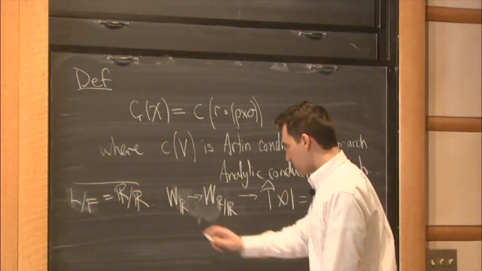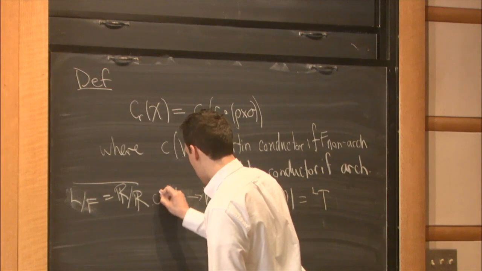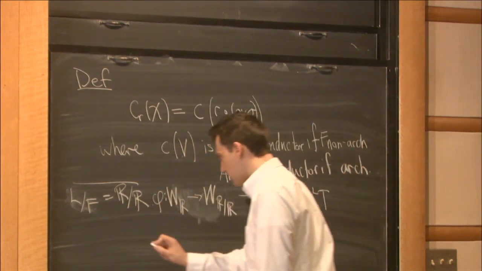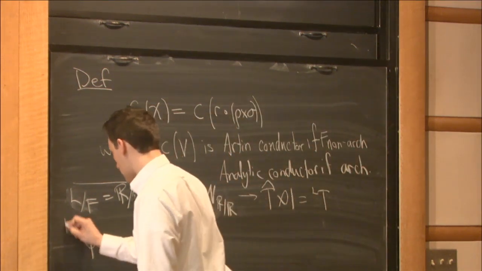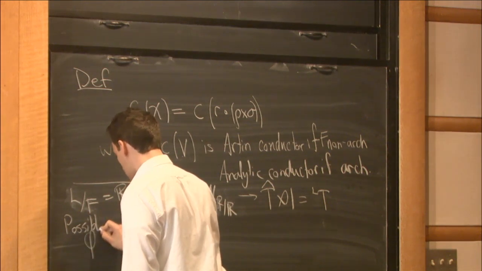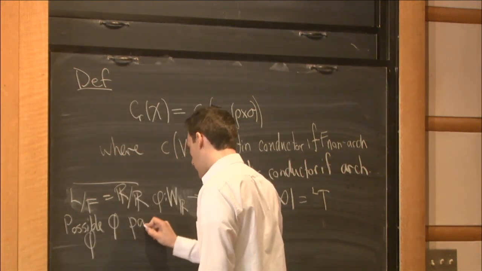If I call this map phi, then the possible phi are parameterized in the following way.